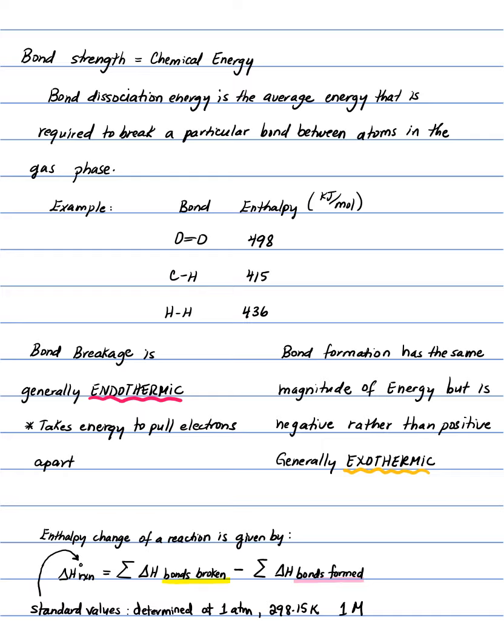Now, the bond dissociation energy is given as a positive number. It represents breaking chemical bonds. But when the bond between carbon and hydrogen is forming, that formation is going to release 415 kilojoules of energy.